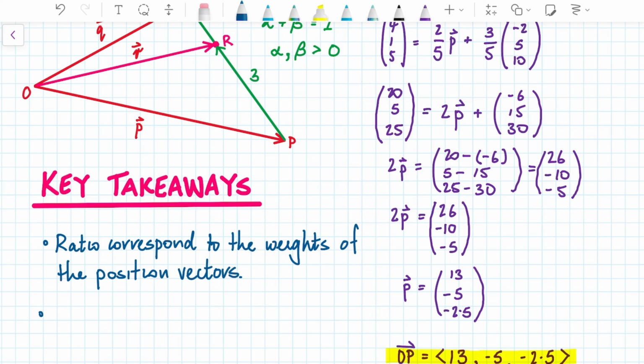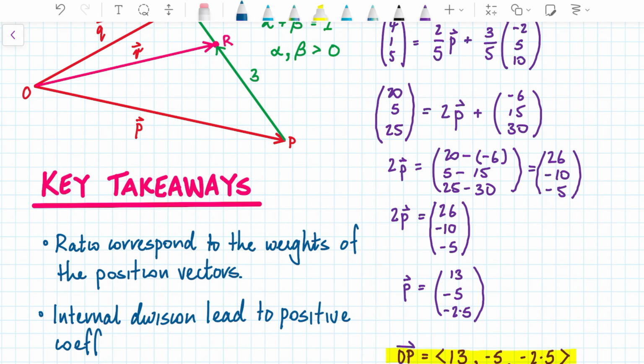The second point is that when we do these linear combinations of vectors, because it is internal division, it will lead to positive coefficients. When we know those two things, the internal division formula that you may get from your textbooks becomes less like magic and a little bit more intuitive.